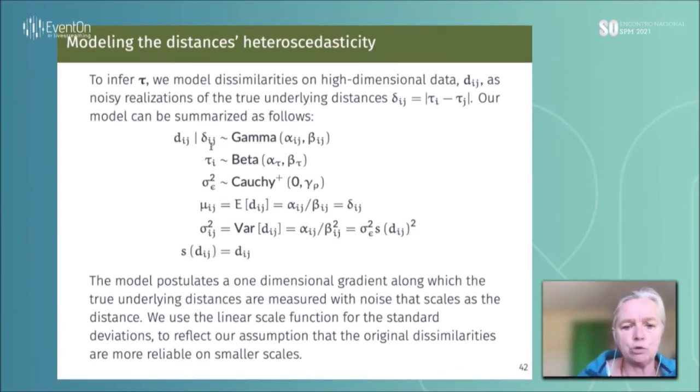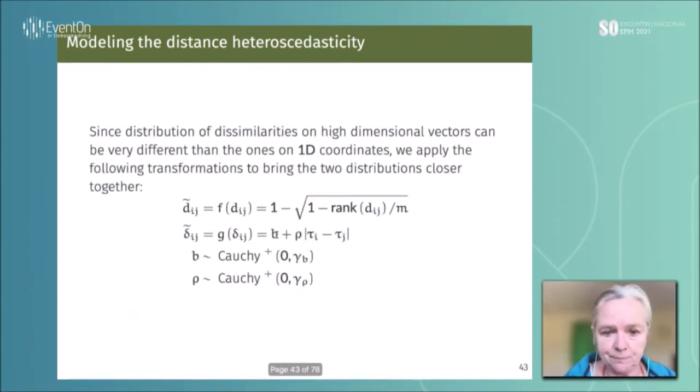If we know the true delta ij, then we have a distribution for the uncertainty, which occurs in the measurement of the distance and the biological variance. And we put priors on tau and on the variability, quite a wide distribution. I won't go into the details, but this is the way that, as a statistician, we set things up with a prior distribution and we get a posterior.